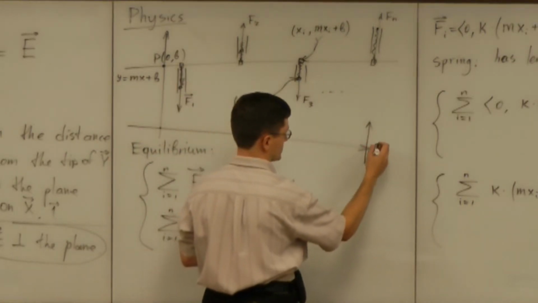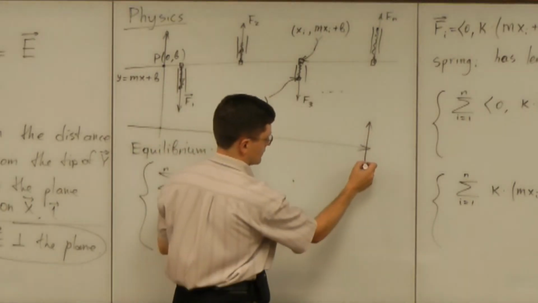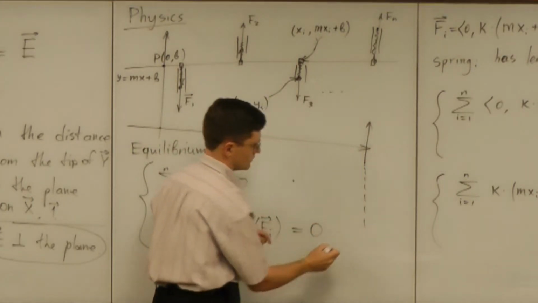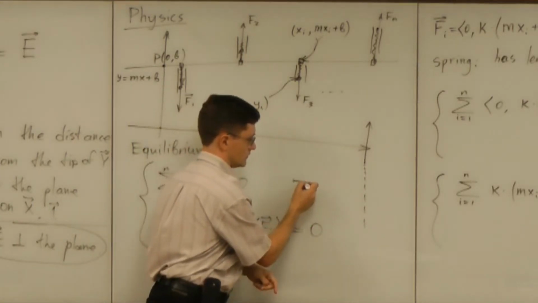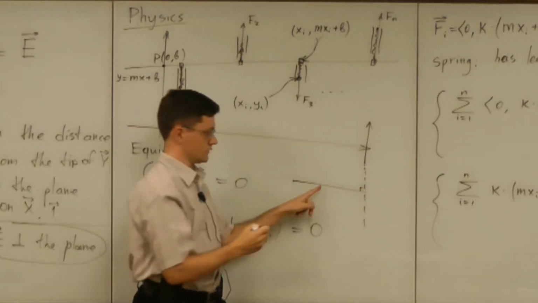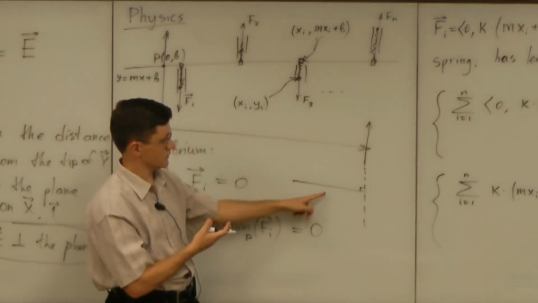Force times perpendicular distance. So you multiply the magnitude of that force by what? You extend that line of the action of the force, and you look at the distance perpendicular. Right?